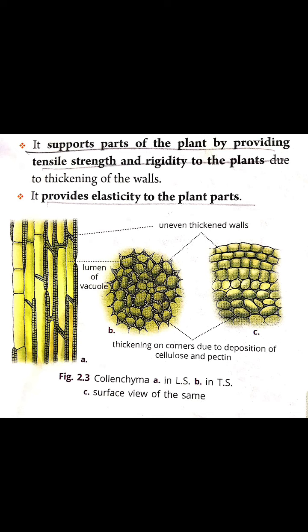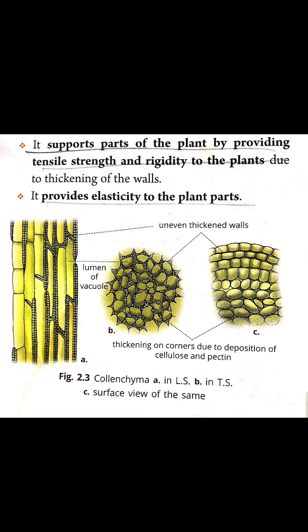Tensile means it gives elasticity to the branches of the plants, and rigidity also, that means stiffness, where it is required, such as in the veins or in many parts of the plants. So where both are required, it provides them.